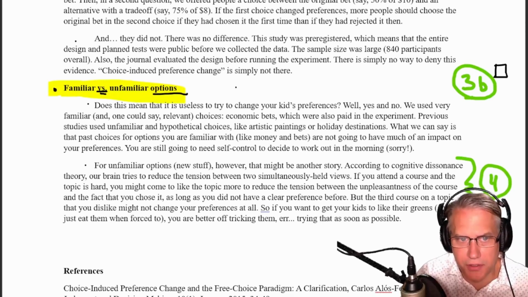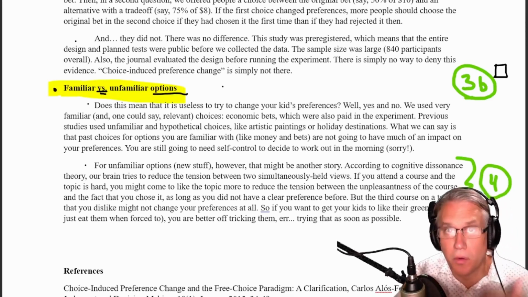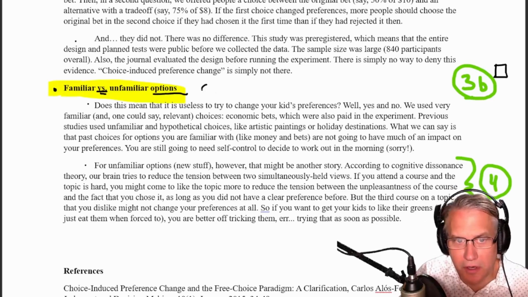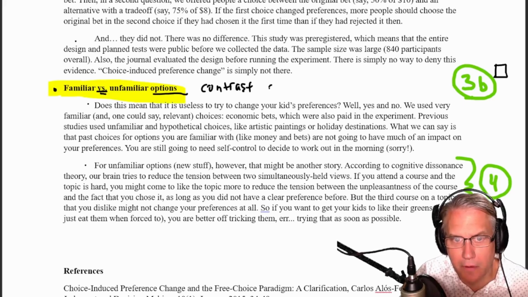And then options would be a choice or choices. So it's a contrast of choices. Contrast of choices. That's the idea here.